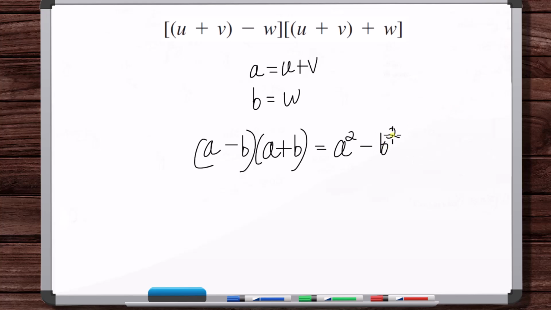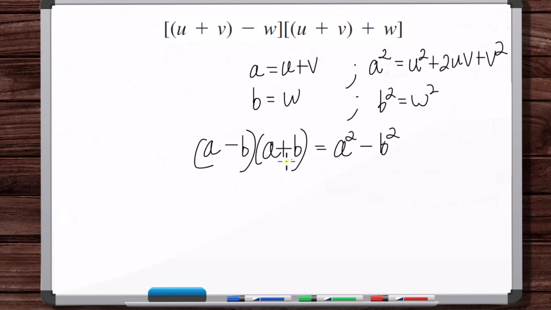Okay, so b squared is w squared. That's easy. So what's a squared? What's going to be that perfect square trinomial? So u squared plus 2 times u times v plus v squared. So, okay, a squared minus b squared. And there we go.